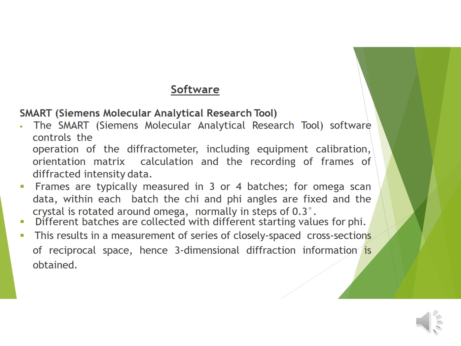So this is a software program in which we discuss two angles, one is chi and the other is phi. That results in the measurement of a series of closely spaced cross sections of the reciprocal space.